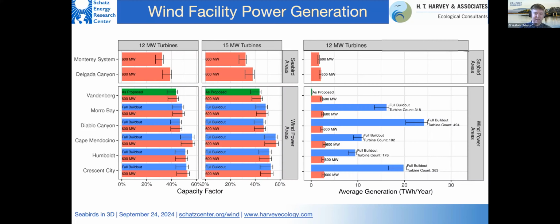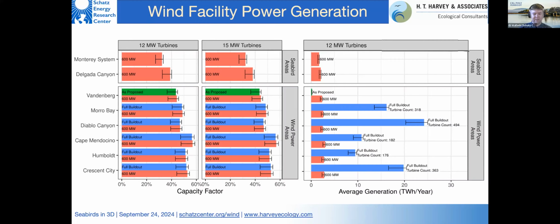We can see from this graphic that the simulated wind farms perform from about 40 to 55% capacity factors, with seabird hotspots showing the worst wind resources. These are closest to shore of all of the reference areas. Most areas perform quite similarly, with Cape Mendocino having the greatest capacity factor.